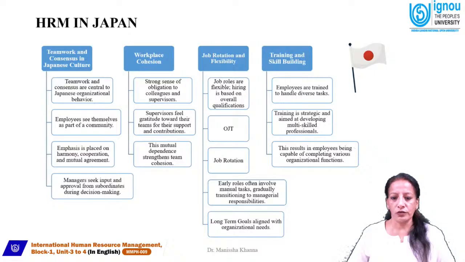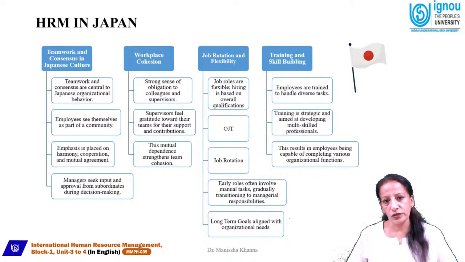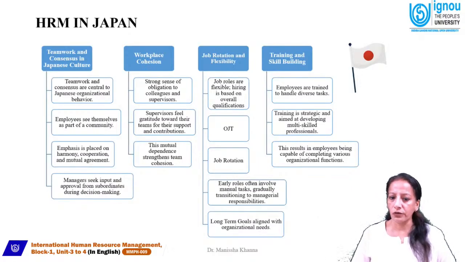Early roles often involve manual tasks. Gradually, they transform into managerial responsibilities along with authority. So, long-term goals are aligned with the organizational needs, as the Japanese are very attached to their organization, and most of the time they give their life to one organization.